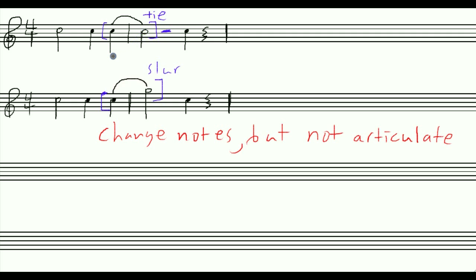If you have a tie like this, it's effectively like you're holding this for 3 beats up here instead of playing one note for 1 and then playing another note for 2, which is what you're doing down here. So down here you always have to pay attention to what the time is, but down here you have to accurately change notes on the downbeat.